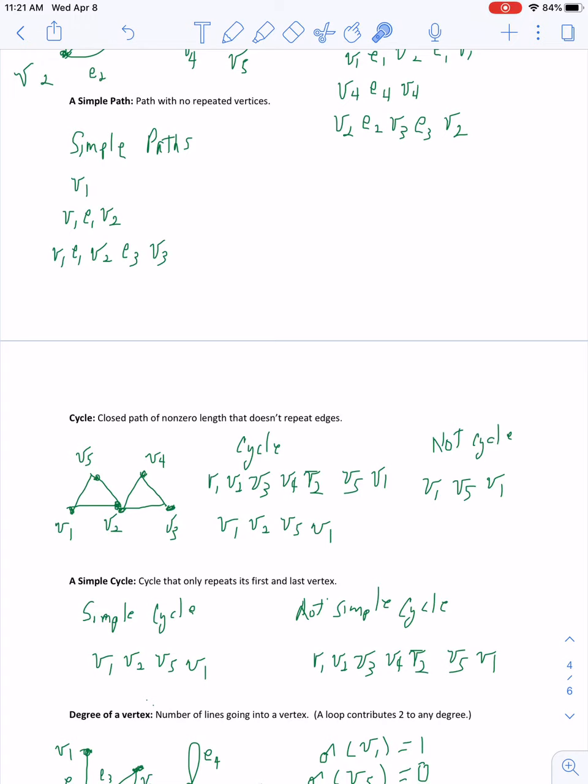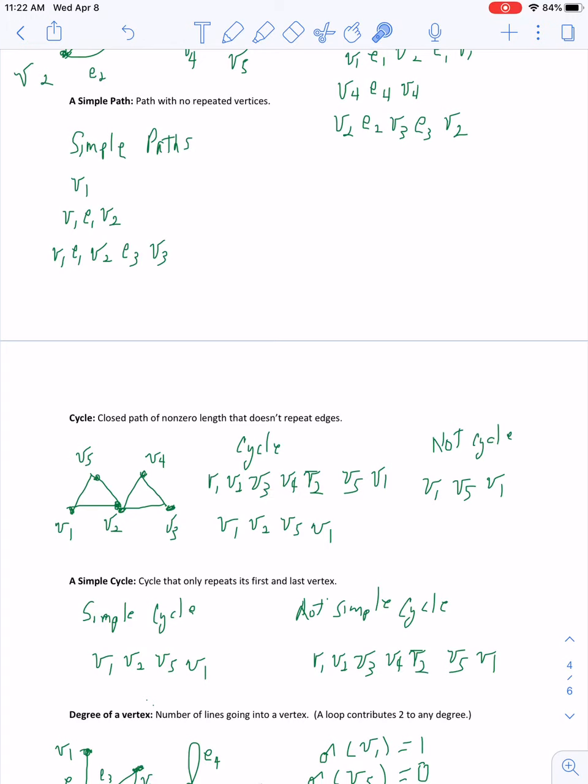All right, here are some examples of cycles. Now, I'm going to get a little lazy. You notice here, I'm not going to write the edges in. Why am I allowed to do that? Because there's only one edge you could possibly walk on, and so there's no need for me to put it in. Oftentimes, one gets lazy like that when you describe a path.